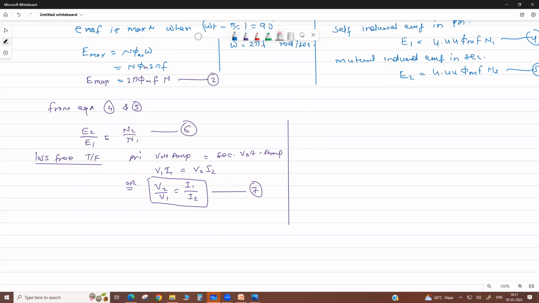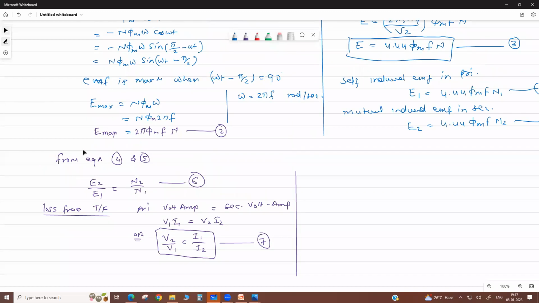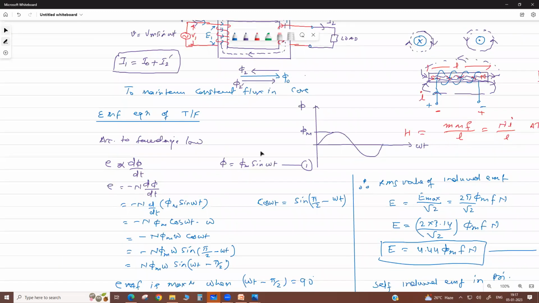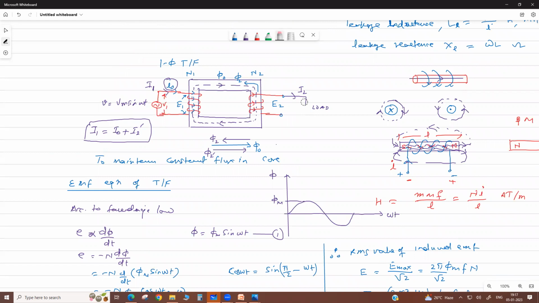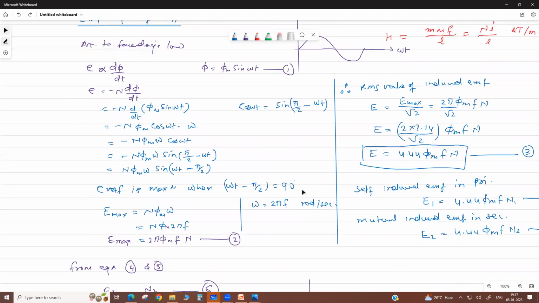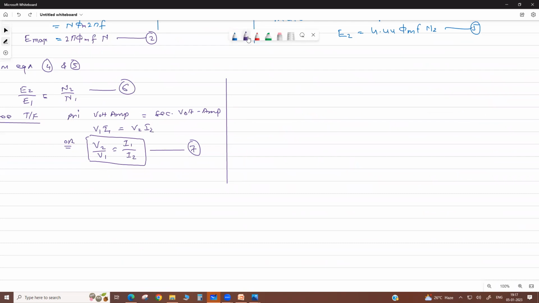Now, see, at no load, if there is no load, the secondary current is 0 and the primary takes only I naught. This I naught is very less, so we can neglect it. Like if 100 ampere is the full load current, then the no load current is only 4 ampere, or sometimes a fraction of an ampere.